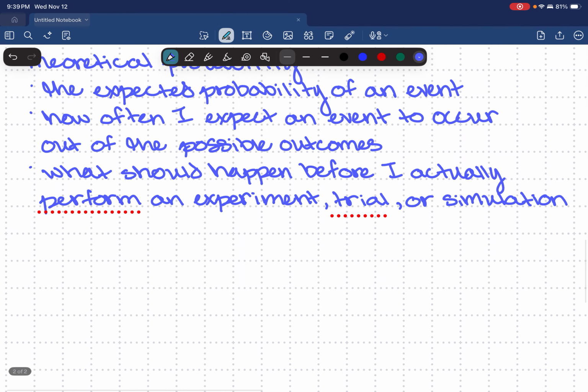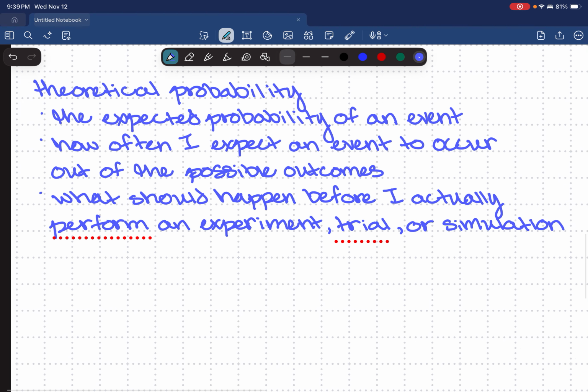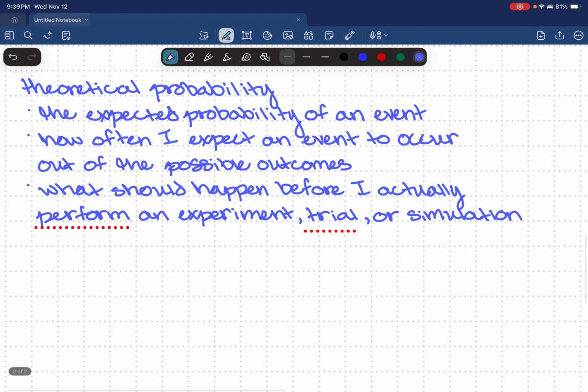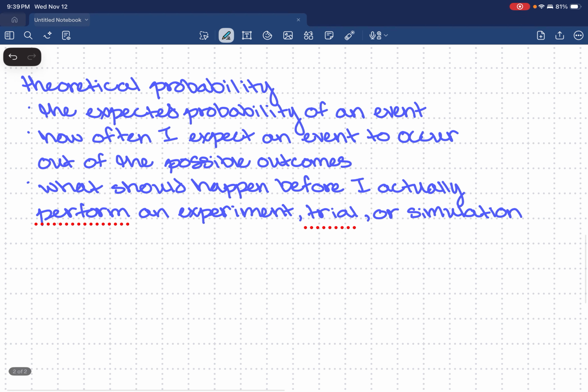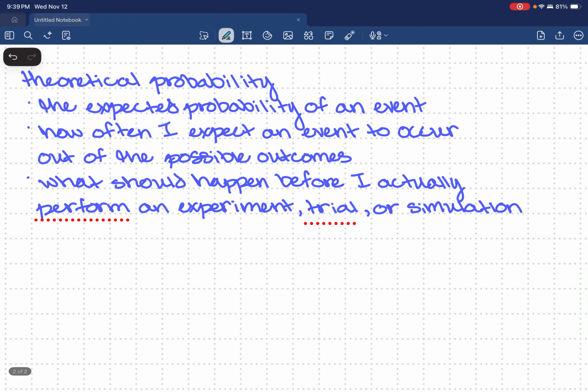All right, so for that, let me zoom out just a little bit. You want to think about things like, let's say, dice. Let's think about rolling a 1.